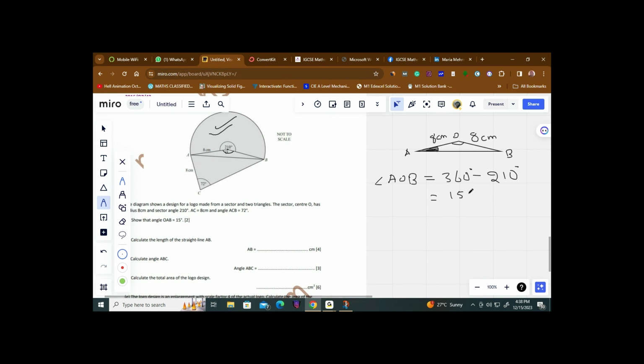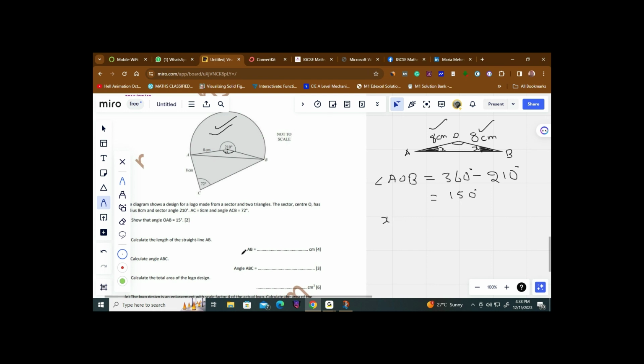Now we need to find the required angle. You know that the sum of the interior angles of a triangle is always 180. And in isosceles triangles, the two angles opposite the equal sides are always the same.